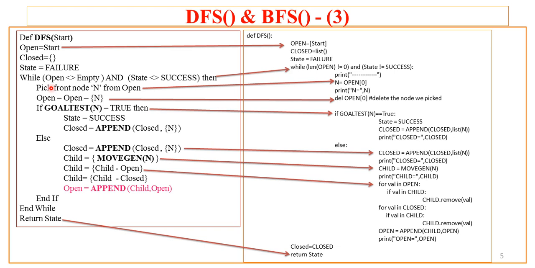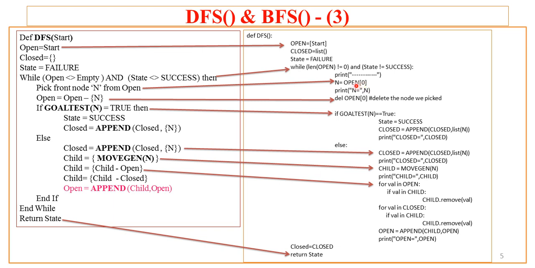Now once the algorithm gets into the while loop, it will pick a node from open, which is always the front node. In both cases, DFS and BFS, the front node is always picked from open. That is achieved by calling the open list index 0 element, so we specify open square bracket 0 here.